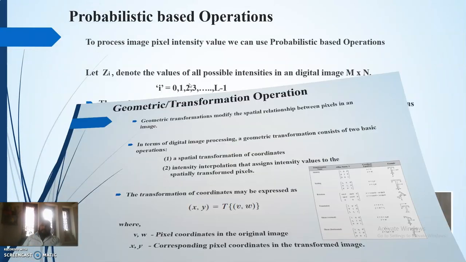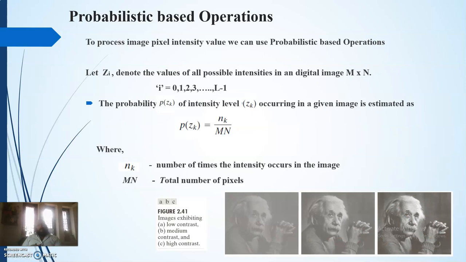Next we are going to see the last operation, that is probability based operation. Actually this operation is carried out on the intensity of a pixel. It works on the pixel for changing the intensity. We can see an example.